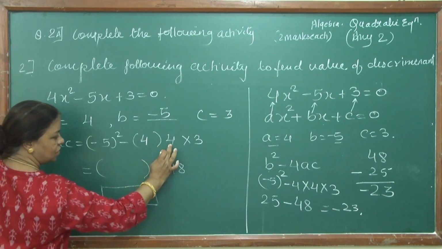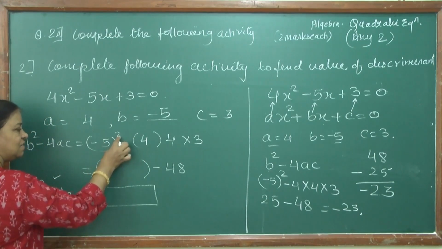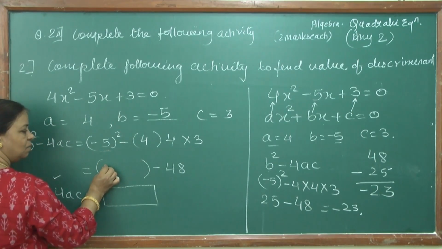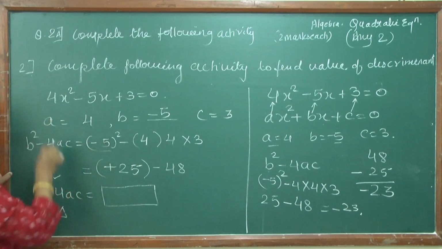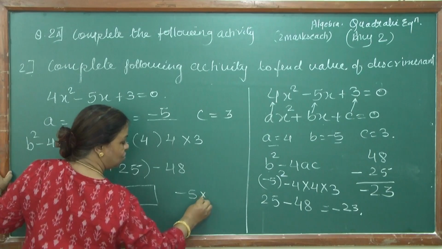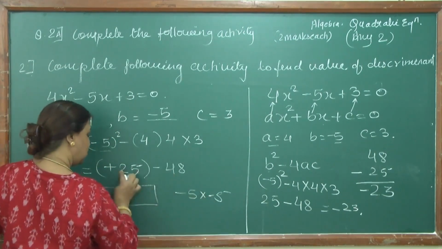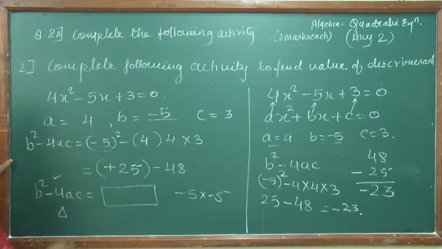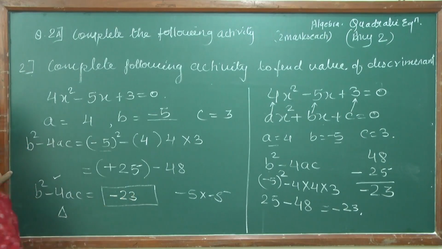Now 4 4s are 16, 3s are 48, already given. You only need to write this. Minus 5 the whole square is plus 25. Minus 5 into minus 5, see children, minus minus will become plus. 5 5s are 25. Okay. Now 25 minus 48 is minus 23. You can pause the video, children, and you can solve the sum.